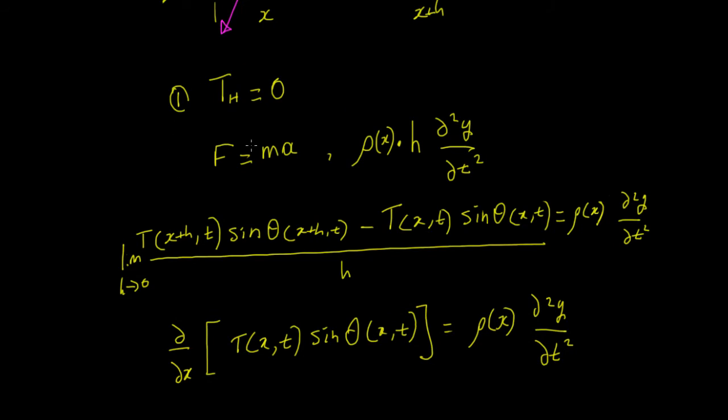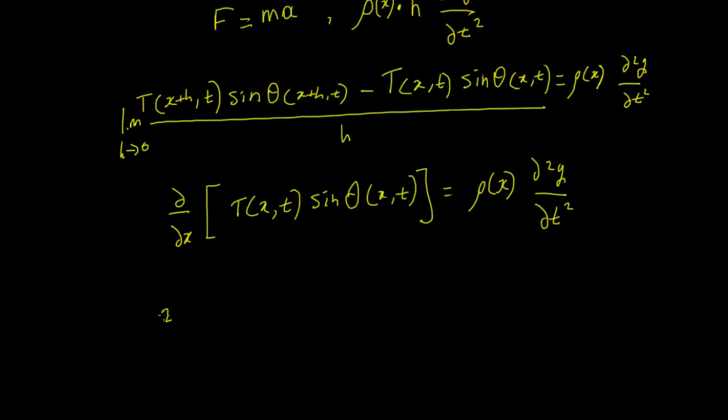Okay, now we're going to go on and look at our second assumption, so that's our first assumption up here. Our second assumption we're going to make is that the vibrations in the string are very small. So what you're really saying is the y displacement is small.